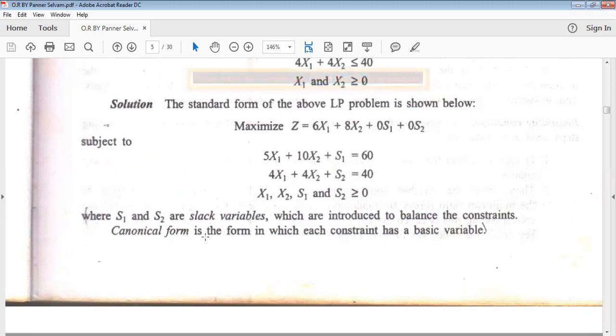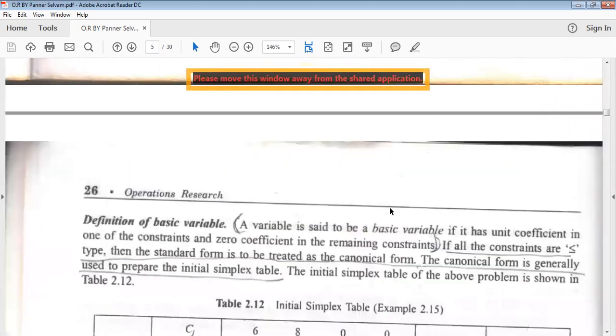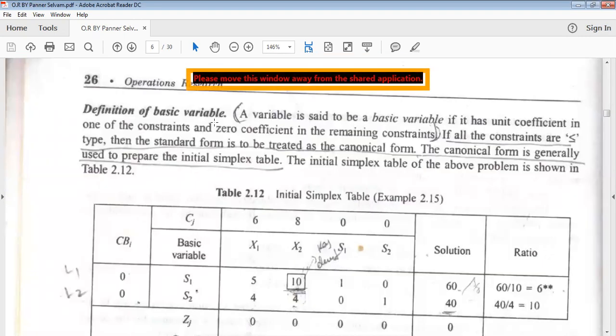The canonical form is the form in which each constraint has a basic variable. Next comes the definition of a basic variable. A variable is said to be a basic variable if it has a unit coefficient in one of the constraints and zero coefficients in the remaining constraints.